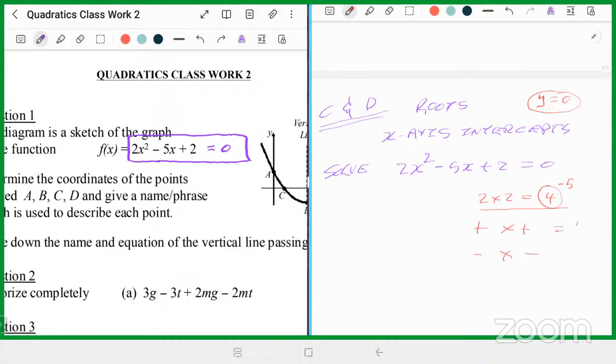Positive times positive will be positive, negative times negative will be positive. So since you want factors of this positive 4, you're either going to use 2 positive factors or 2 negative factors. Since we want the sum to be -5, it means we are going to have to use 2 negative factors of this 4. That's what we're going to have to use.